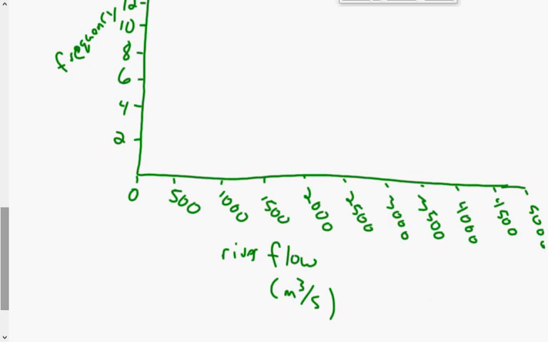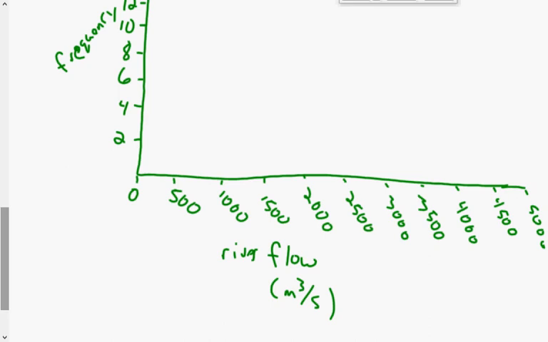So now we do the easy part. Once you've counted everything, you just draw it out. And you make bar graphs here, okay? The rules with histograms are you draw bars, and the bars have to touch. They almost look like a bar graph. So my first data point, between 0 and 500, what was my frequency? 6, right?